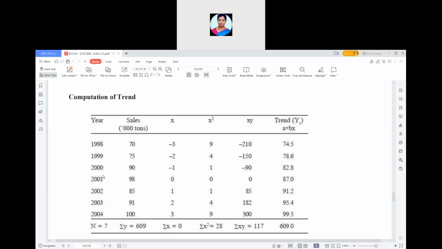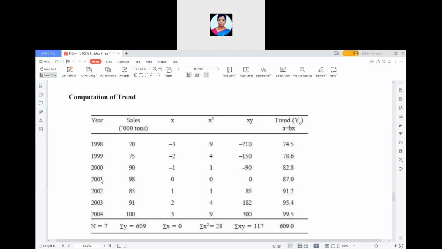So how is each year deviated from 2001? 1998 minus 2001 is minus 3. 1999 minus 2001 is minus 2. Likewise, how each year deviates from 2001 we have calculated in the x column, and the x square column is simply the squaring of the x column. Sales we are considering as y, so we are computing the xy column.